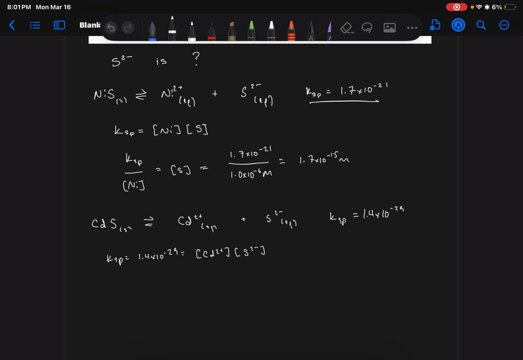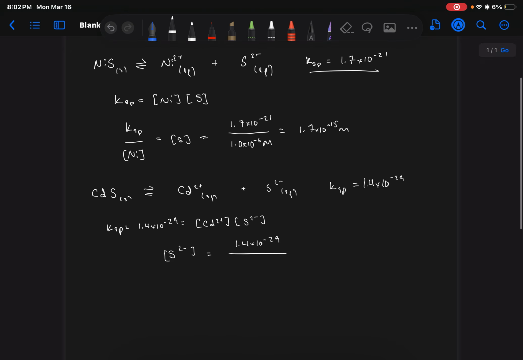We defined sulfide ion. Now if we solve that in our calculator, we get a value of 1.4 times 10 to the negative 23 moles per liter.